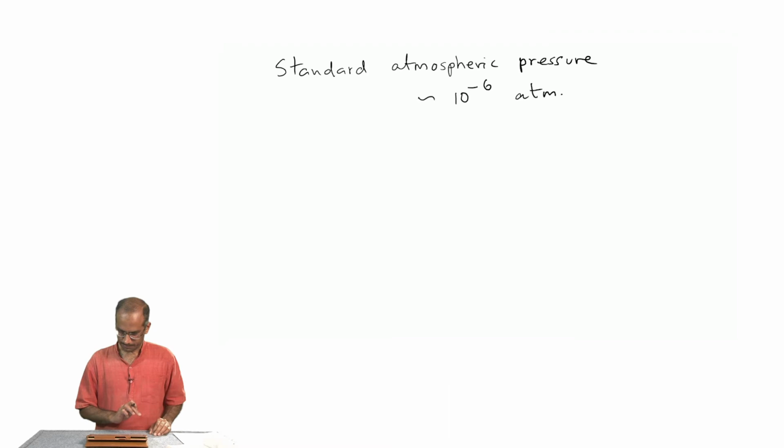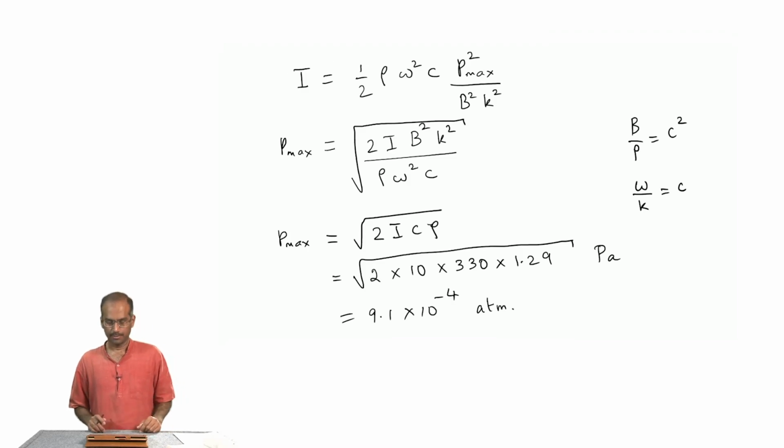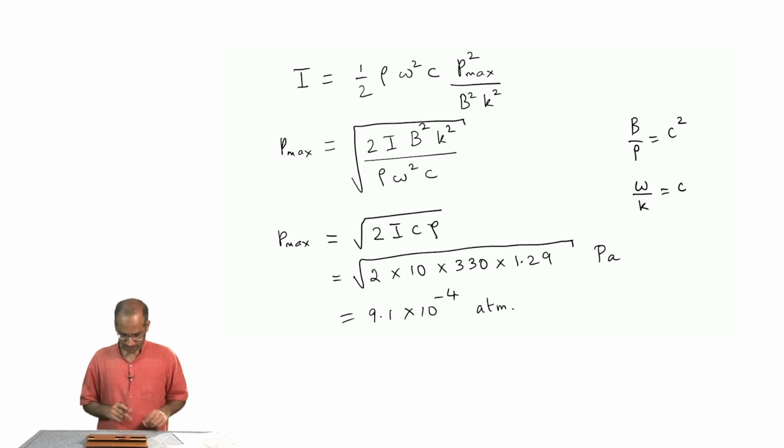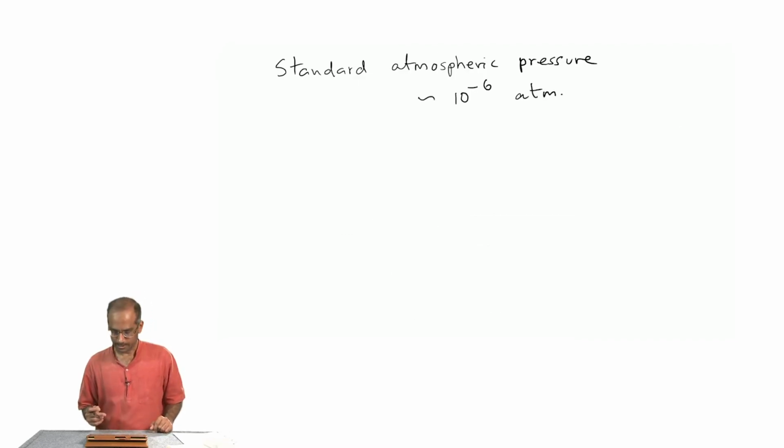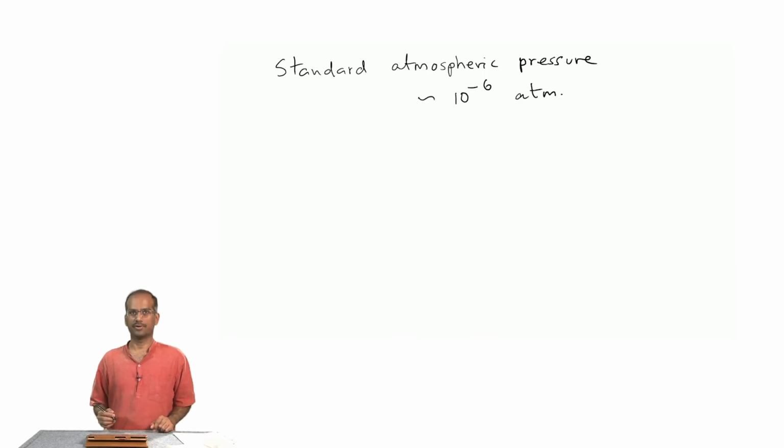So, clearly the value that we have obtained for a painful sound of intensity 10 watt per meter square is 100 times larger than the standard atmospheric pressure.